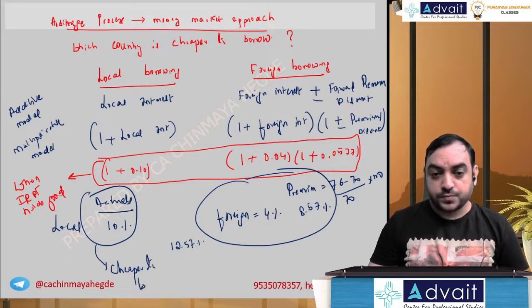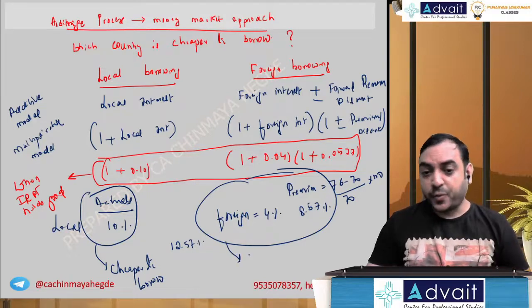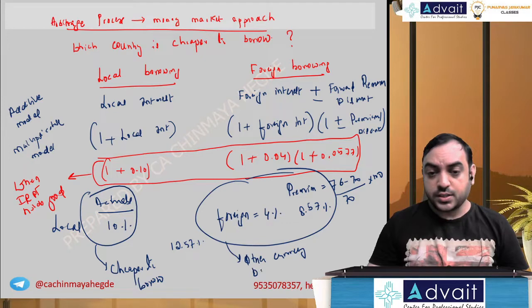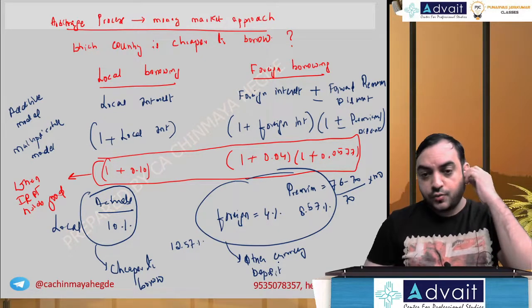Cheaper to borrow. And if you borrow in one currency, in the other currency you will deposit. So the opposite currency, which in this case is foreign, deposit. Other currency, foreign currency, deposit.